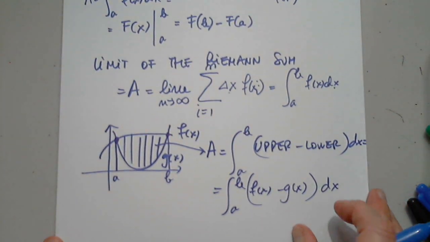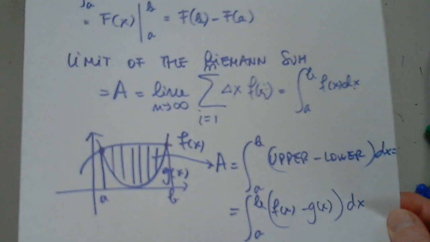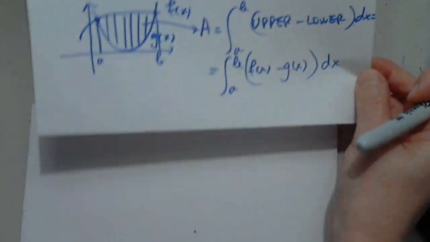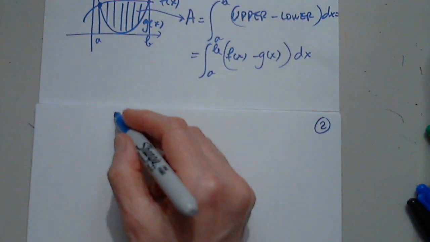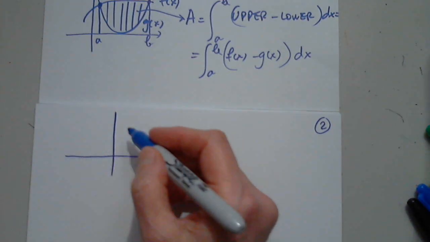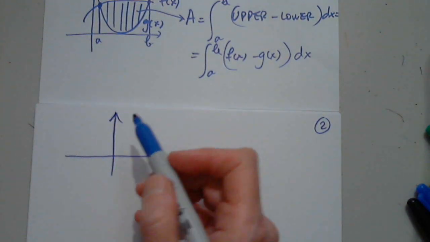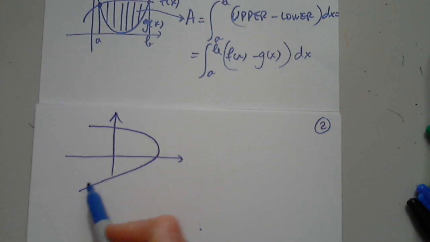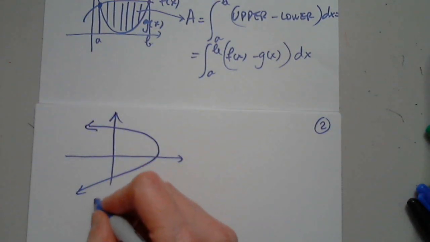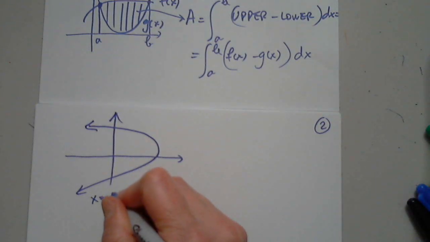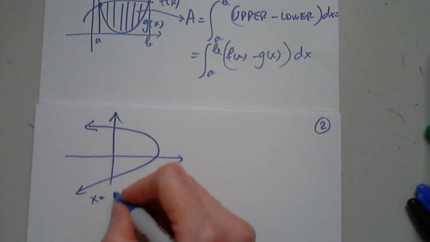Now, of course, what happens if we have a situation in which we will not be able to, or we find that it's easier to integrate with respect to y? So let's say here's an example. This is not a function, so this is x equals something in y.